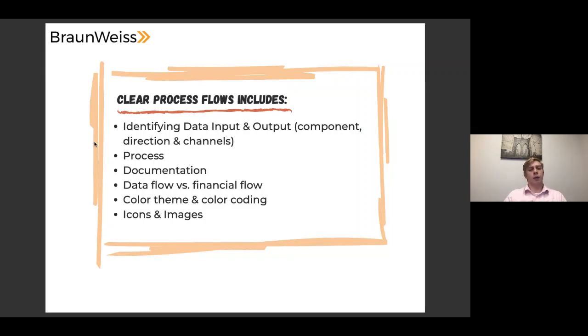Next, we need to know the general business processes, so what's going where and what's coming from where. Next is documentation that goes along with each process. Next is distinguishing what is a data flow versus what is a financial flow. And then we're going to get into color coding, color theme, icons, and images to really help bring that process flow from some arrows to life.